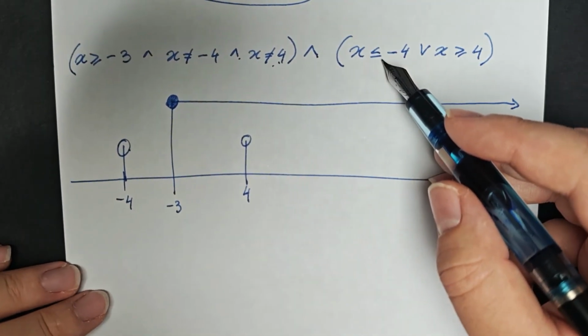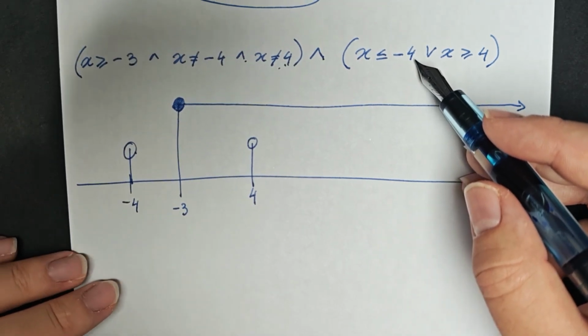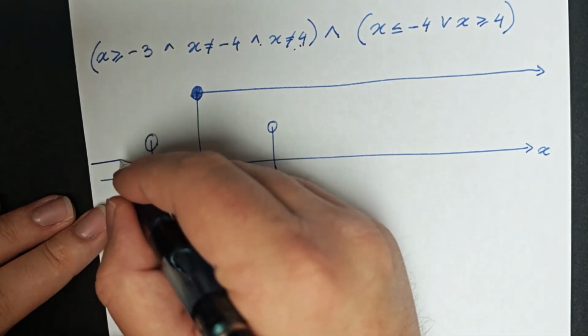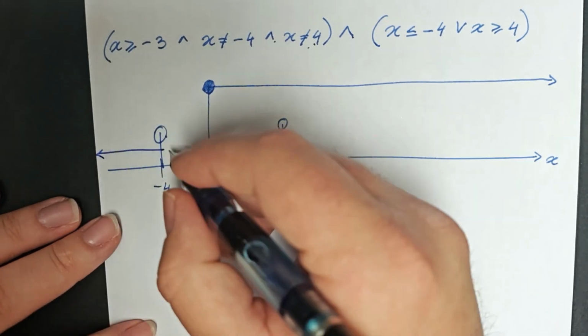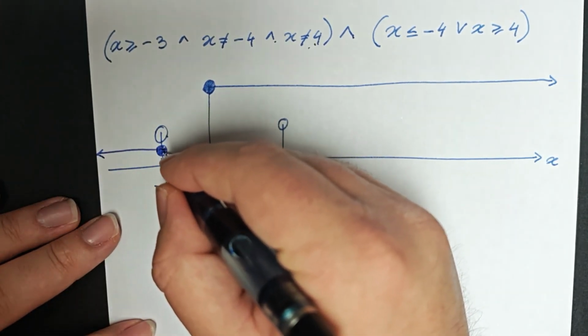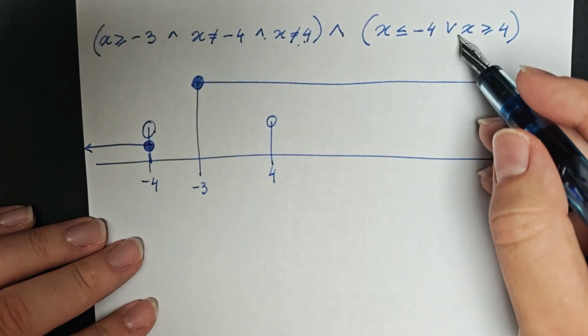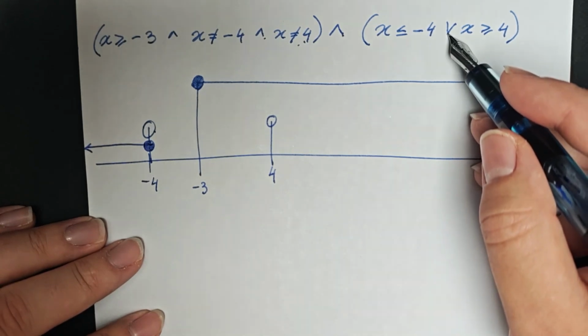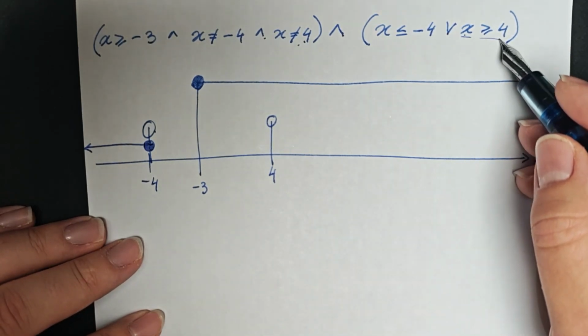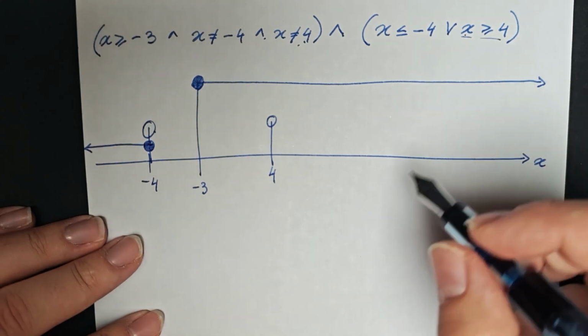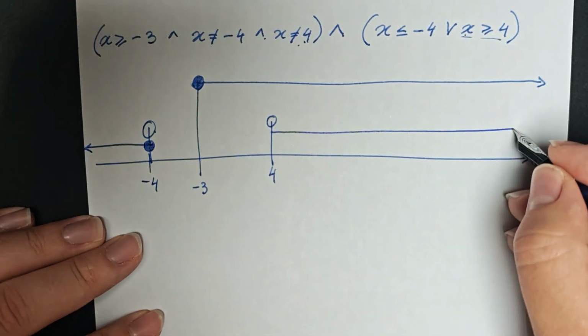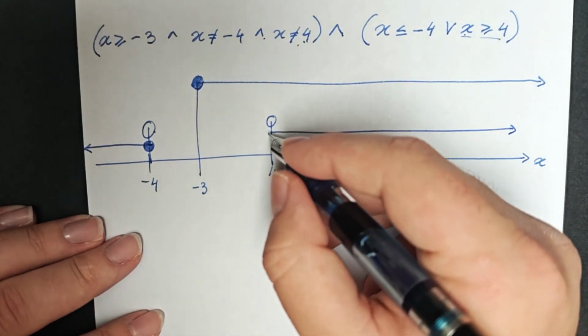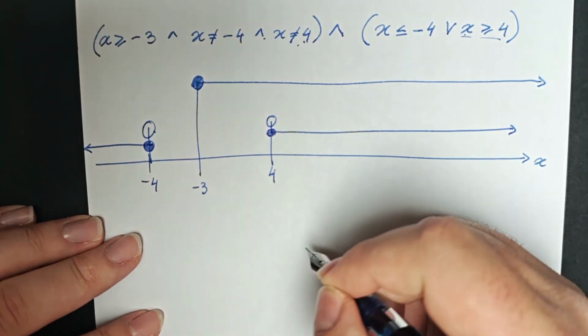X has to be smaller or equal to -4. That is all the numbers on the left side of -4, and this -4 is included. And we have or, that means the union of the set where x's are larger or equal than 4. That means everything that is on the right side of the number 4, including the number 4.